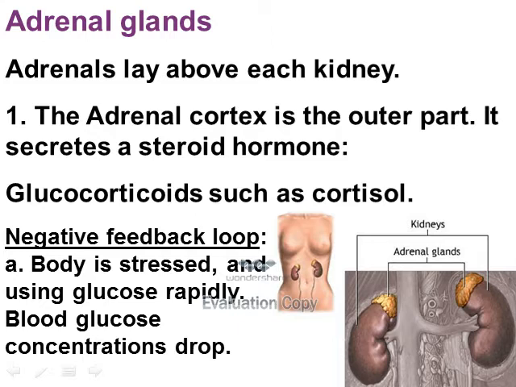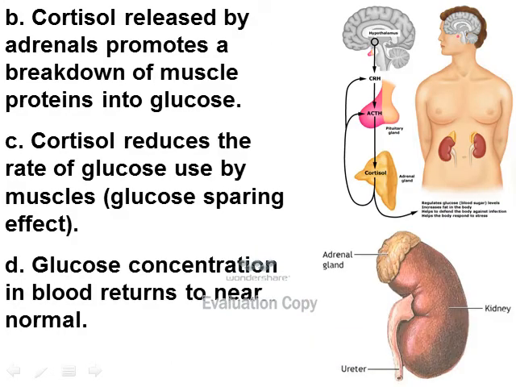Let's say you're stressed. And when you're stressed, your body's going to use glucose rapidly. And you're going to exhaust your glucose supply, and so now it's dropping. When this happens, the body responds with the production of cortisol.